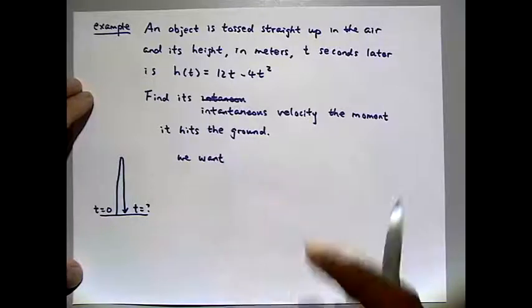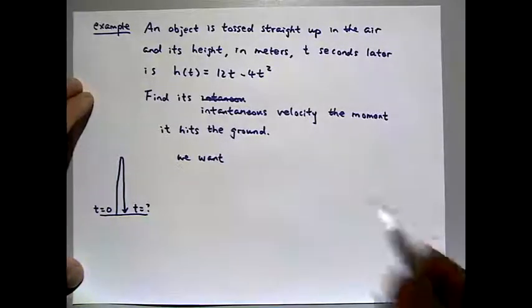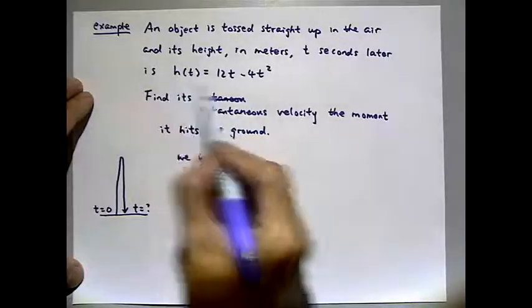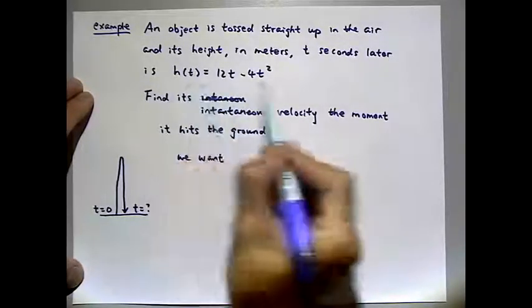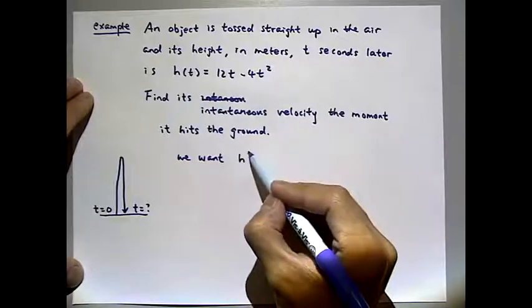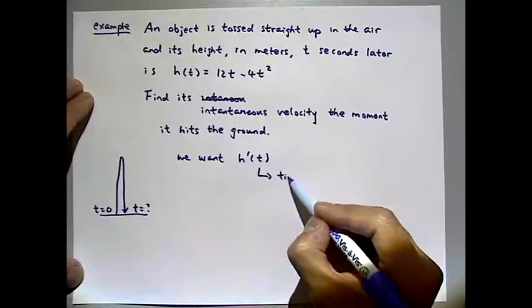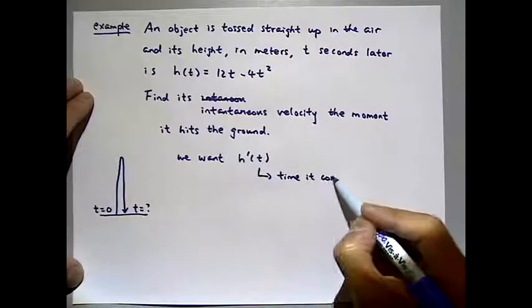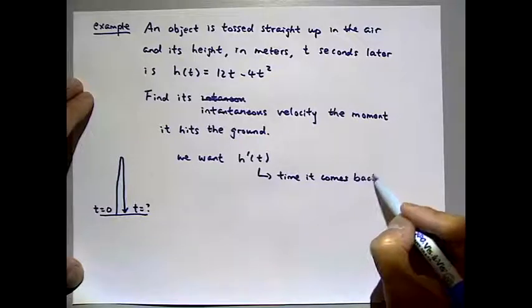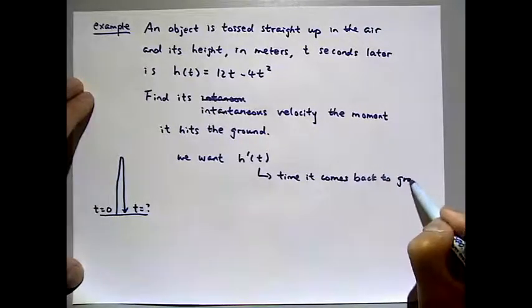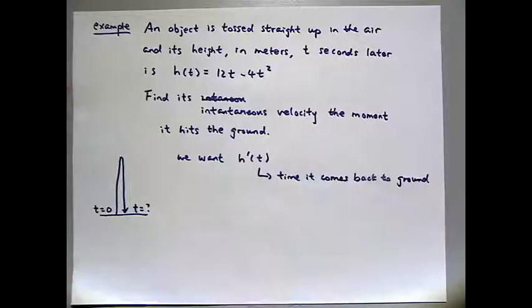In terms of the mathematics we just saw, what we want is the instantaneous rate of change of this thing, h prime of t. And this t refers to the time it comes back to ground. This missing value of t right here, which is unknown at the moment.